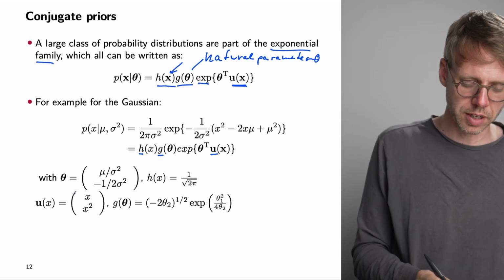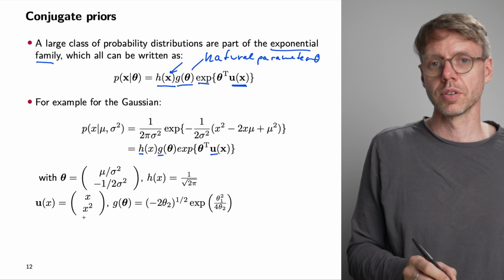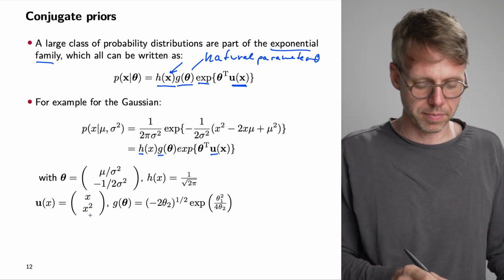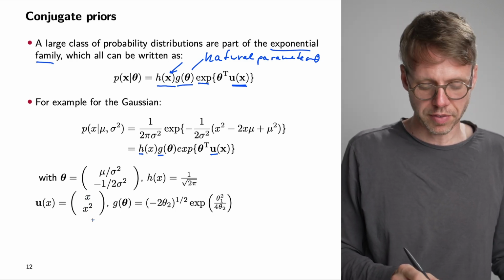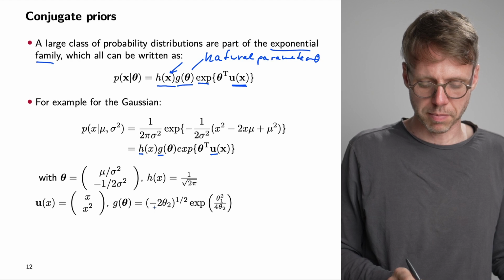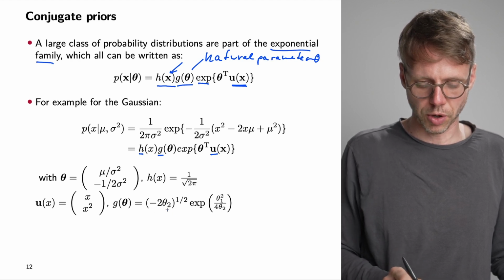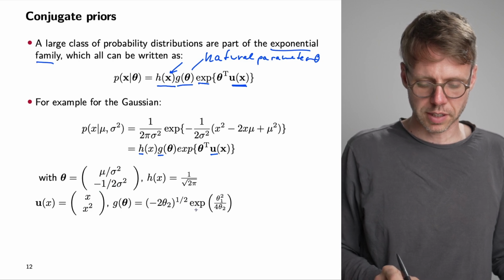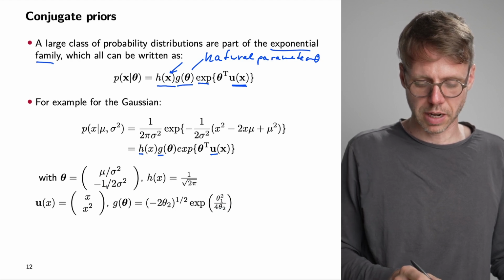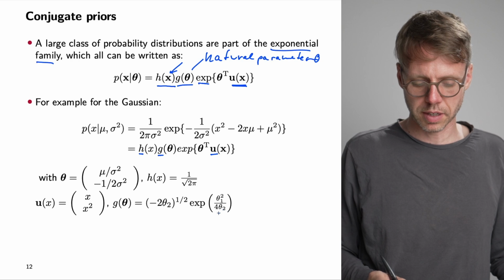The function u is given by x and x squared, so x itself and the square of x, and g is given by the square root of -2 times theta 2, so the inverse variance, times the exponent of the variance-normalized mean, the first parameter theta 1, squared, divided by 4 times theta 2, which is -1 divided by 2 times the variance.